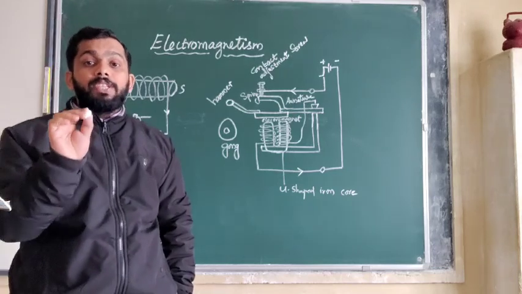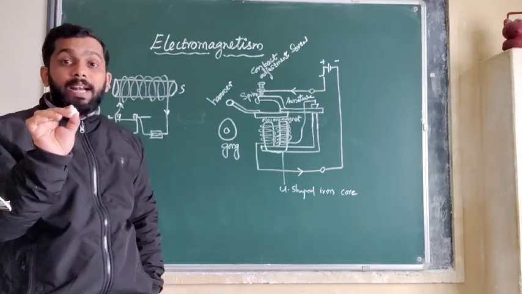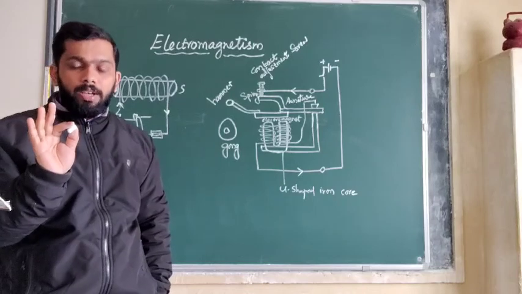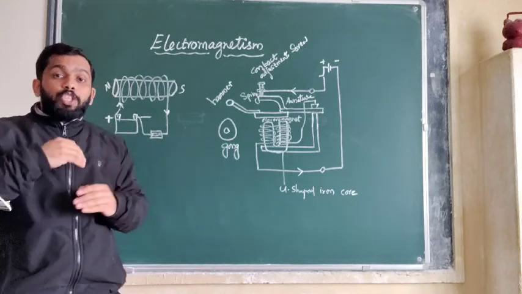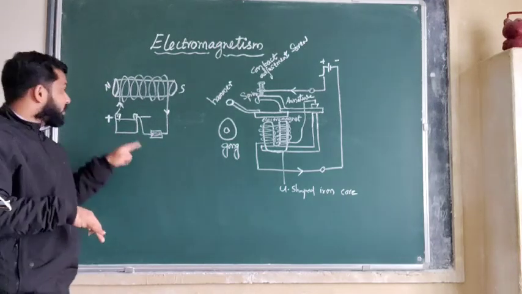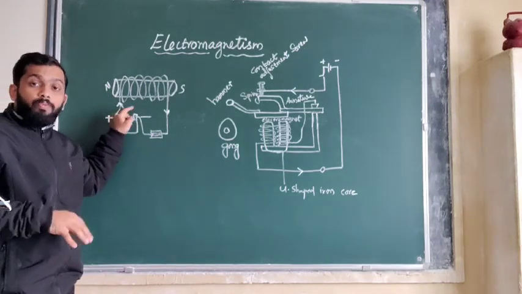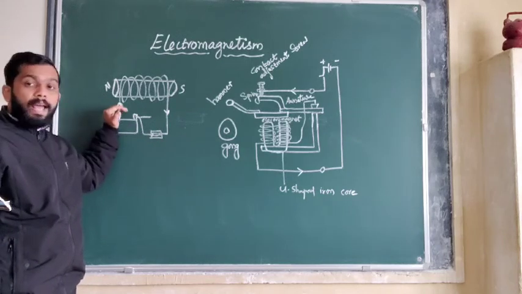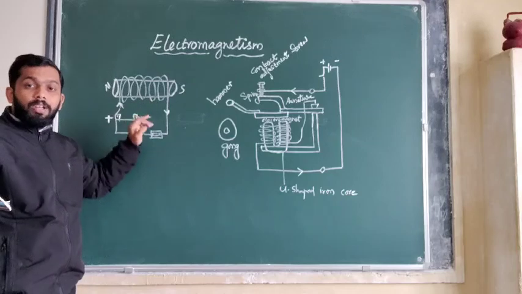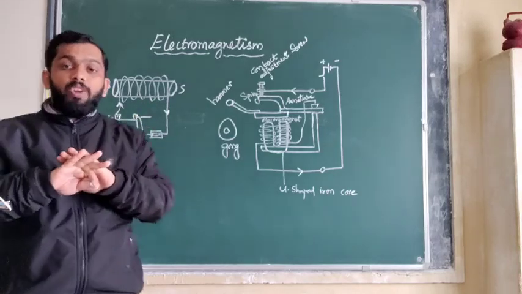As I said, electromagnets are temporary magnets, because for the production of magnetism we have provided current. When we switch off, or stop the current passing through the wire, the magnetism suddenly vanishes.